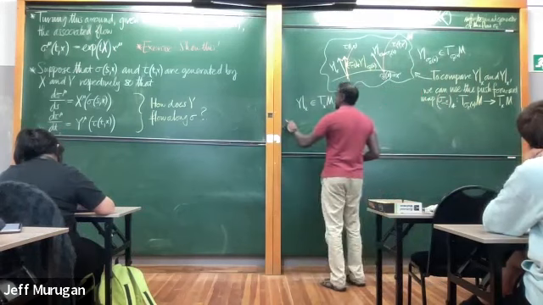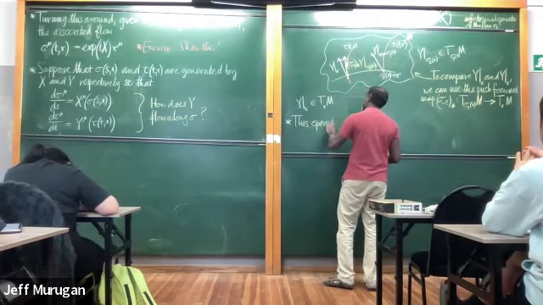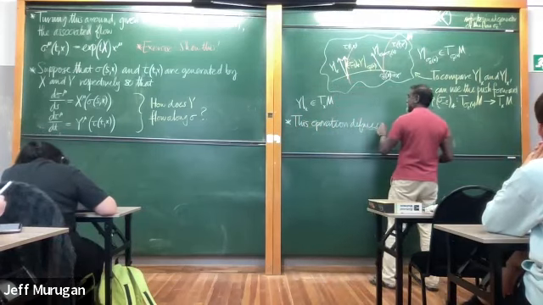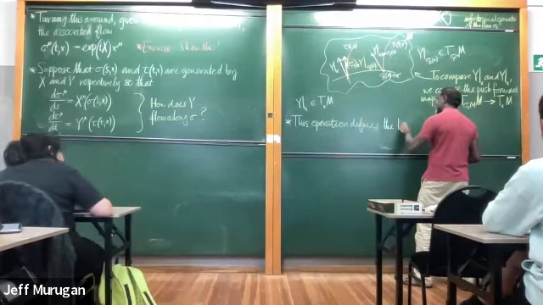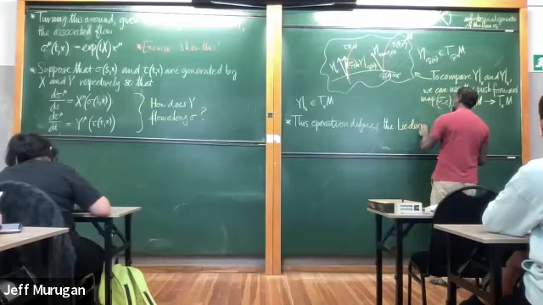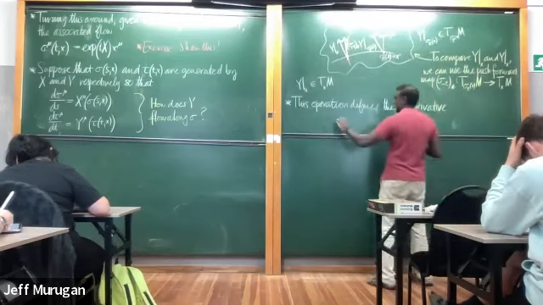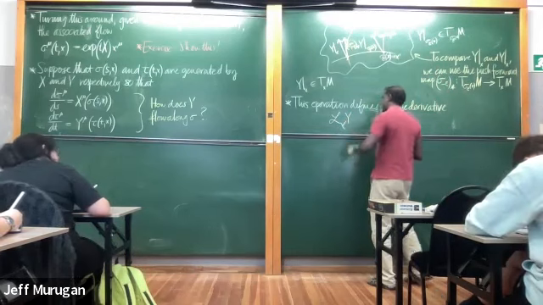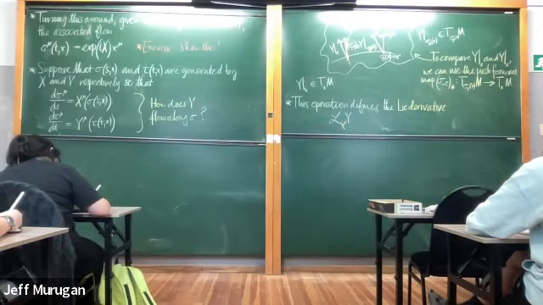But this defines for us the Lie derivative, denoted by curly L, of y along the flow generated by x. I'm just going to call it the derivative of y with respect to the vector x.